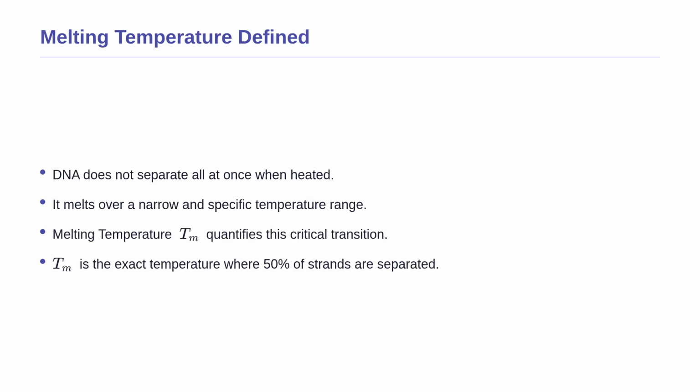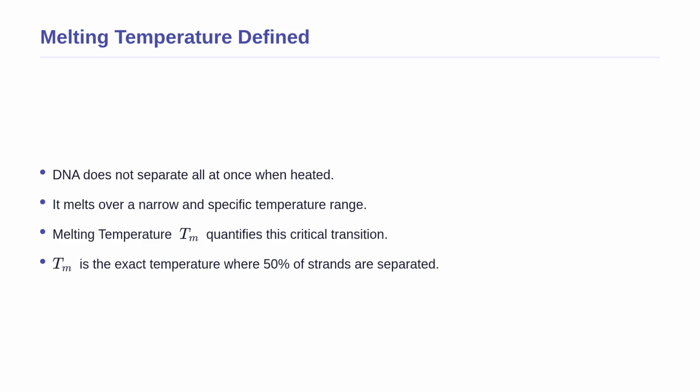Knowing that heat separates DNA strands in PCR, we need to know exactly how much heat to apply. When we heat DNA, it does not all separate at once. Instead, it melts over a narrow temperature range. We quantify this transition using a critical value called the melting temperature, denoted as Tm.